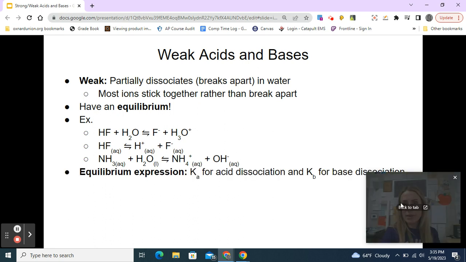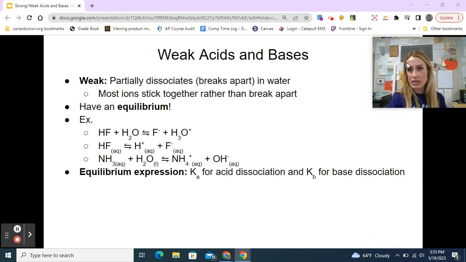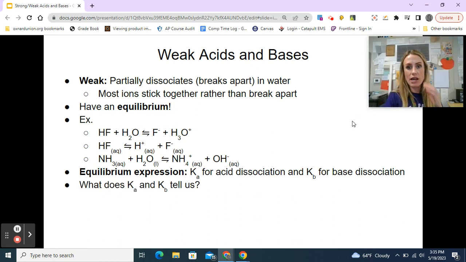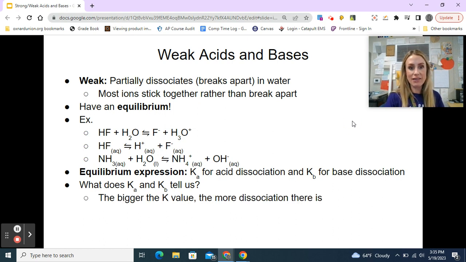Now, the equilibrium expression, just like we talked about the equilibrium constant last unit, we have a Ka and a Kb for our equilibrium constants for acid dissociation and base dissociation. What these are going to tell us is the relative amounts of products and reactants.